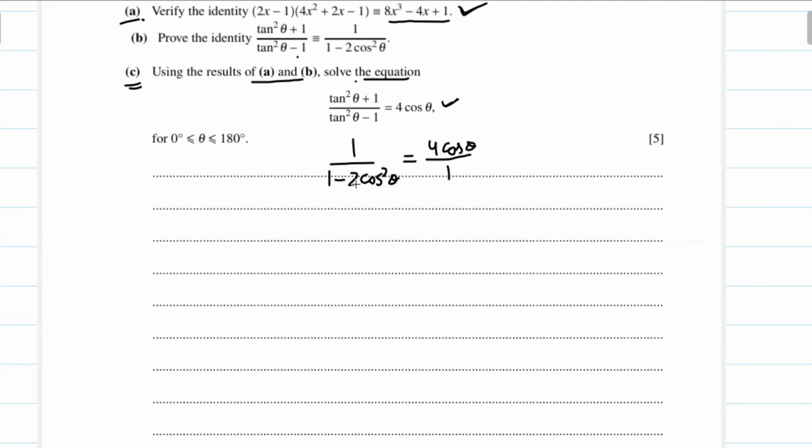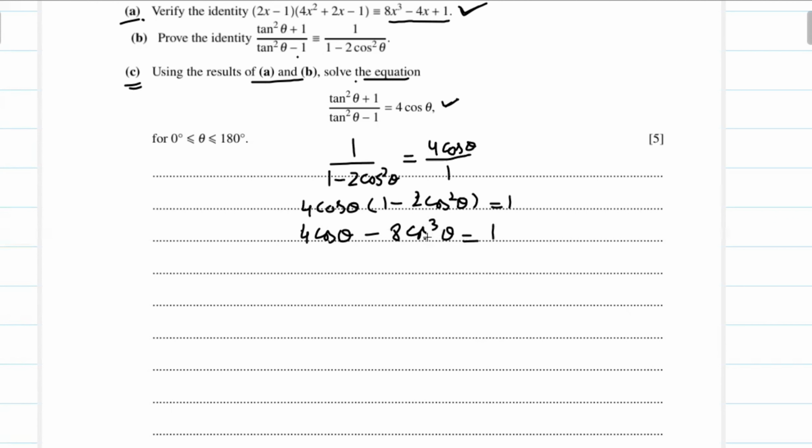Now we cross multiply this equation, we get 4 cos theta into (1 minus 2 cos squared theta) equal to 1. We can write this equation as 4 cos theta minus 8 cos cubed theta equal to 1.